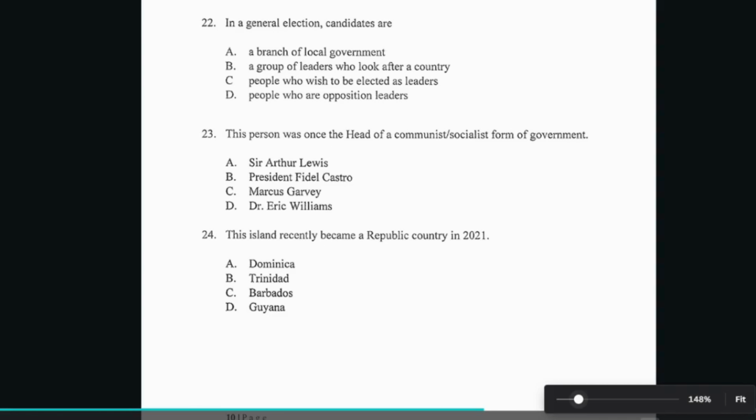The prime minister is Mia Mottley, and I believe the president is Her Excellency Sandra Mason. Correct me if I'm wrong, but I believe she is the first president of Barbados and also the first female president. And I believe that Mia Mottley is the first female prime minister of Barbados as well. But please correct me if I'm wrong. I stand corrected, of course.